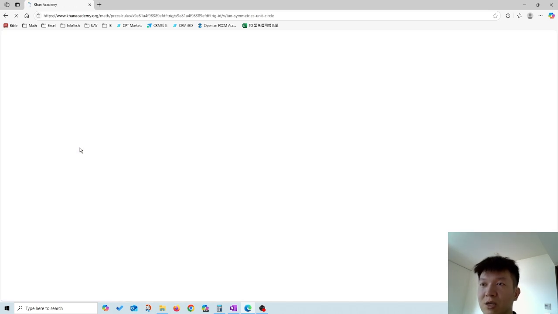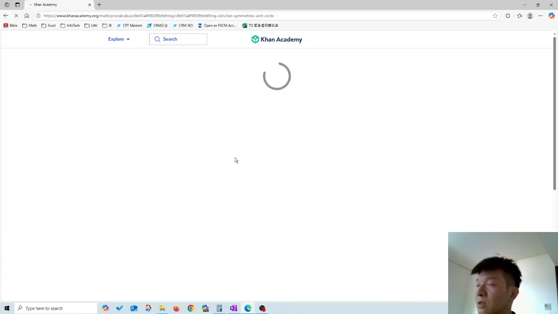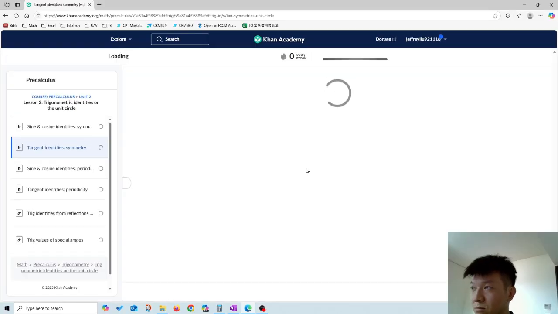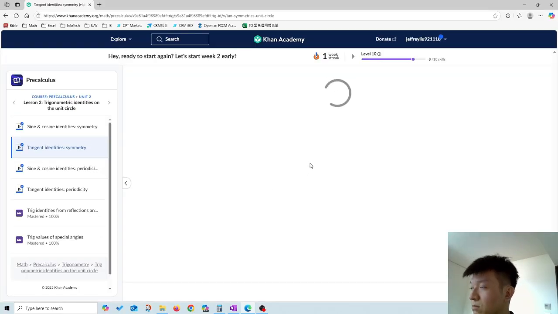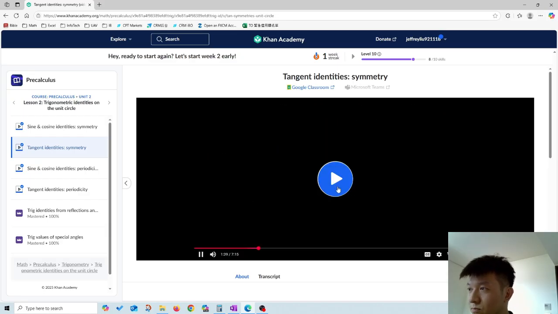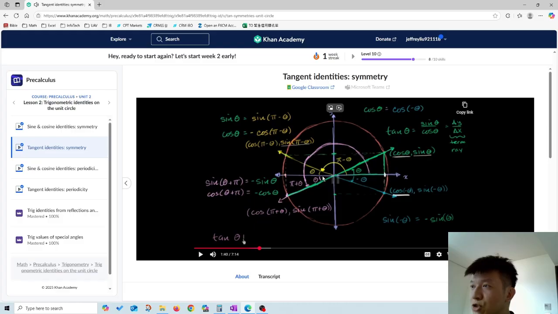Alright, let's think about tangent of theta plus pi. Tangent is sine over cosine. So you're going to have this in your mind and see if the tangent at this point will be the same as the other ones, right?